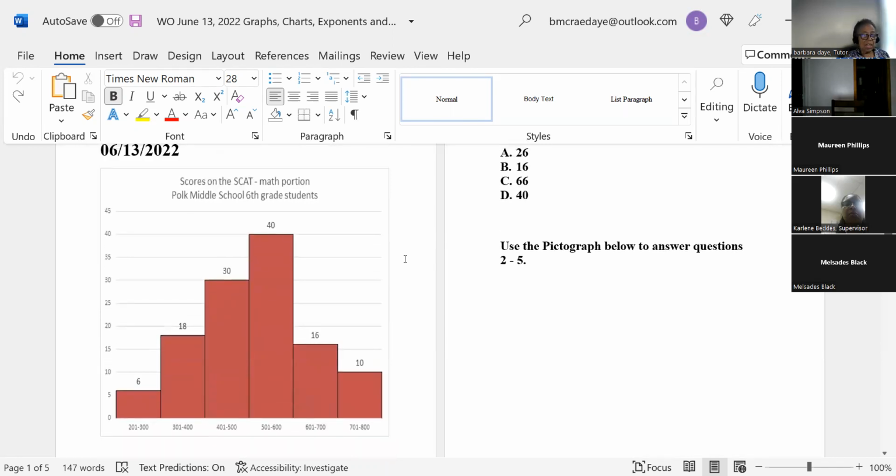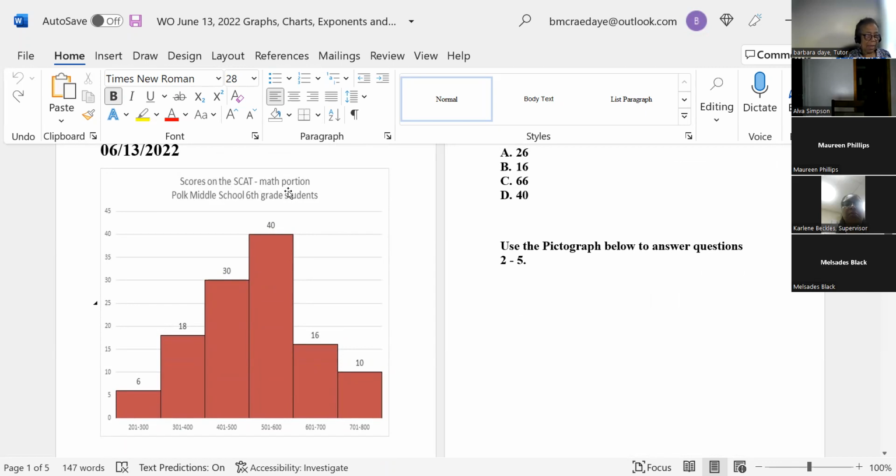When you're looking at any graph, you want to look at the subject of the graph and what is being plotted. So for this graph, it represents scores on a SCAT math test.